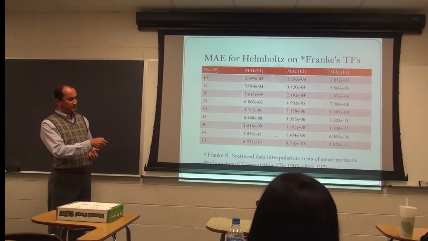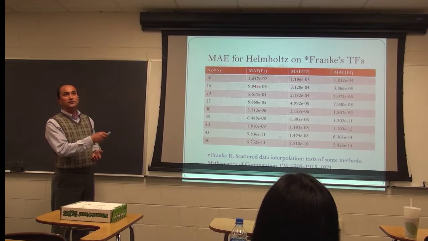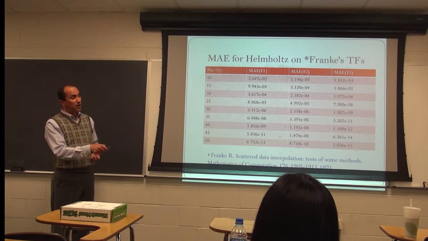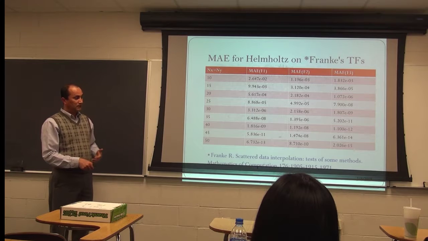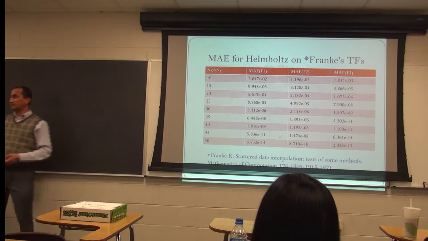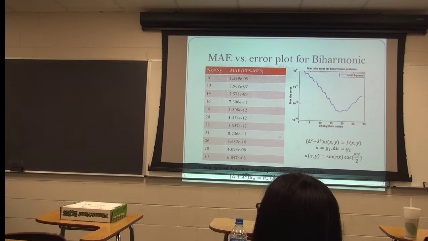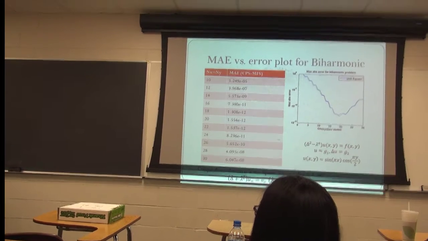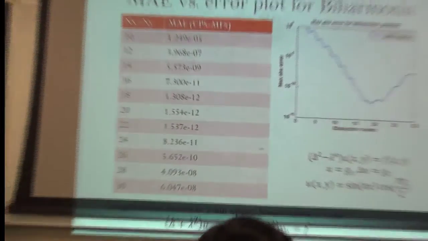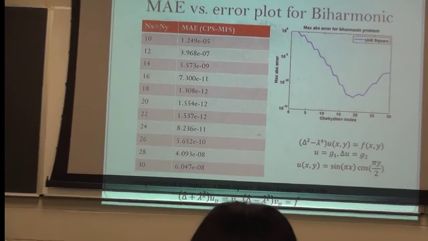For example, here, this is the maximum absolute error for the first test function, 1, 2, and 3. In this case also, we have some numerical points here, which are measured, and we put that over here. I think everything is not clear, of course.